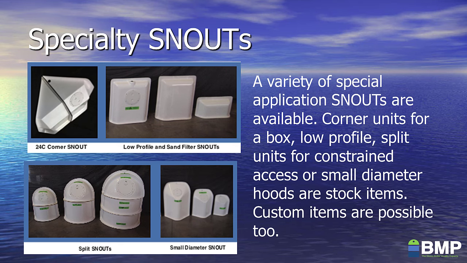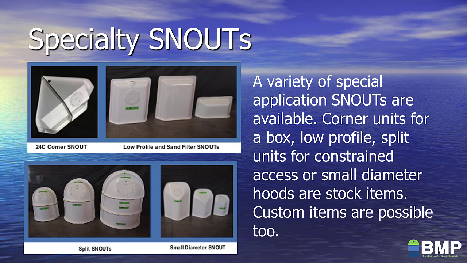We also have low profile and sand filter snouts. These snouts really limit the protrusion into the structure, but while they are low profile, they also don't have a lot of conveyance capacity. So these would typically be used for a maximum of an 8-inch ID pipe. We also make snouts for small diameter structures. Typically, you might think of these as PVC drainage structures.